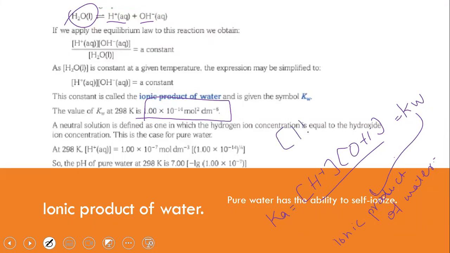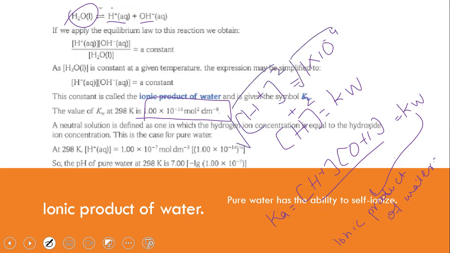So we can write it down as hydrogen ion squared is equal to Kw. Your Kw is 1 into 10 raised to power negative 14. So we can find the concentration of the hydrogen ion by taking the square root. The concentration of hydrogen ion is going to come out as 1 into 10 raised to power negative 7.